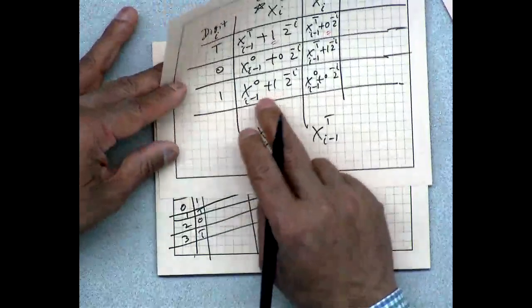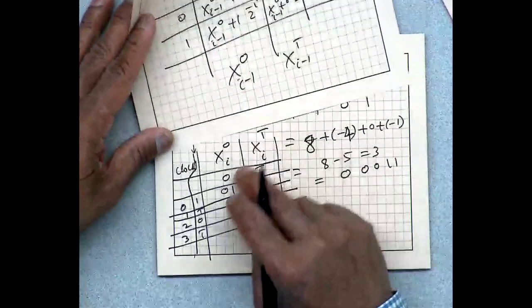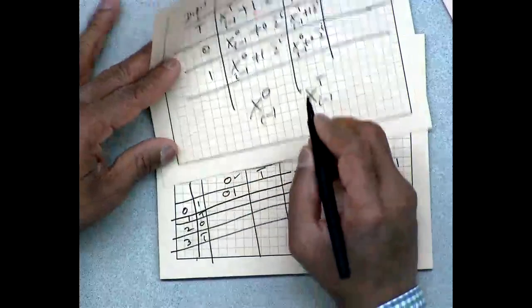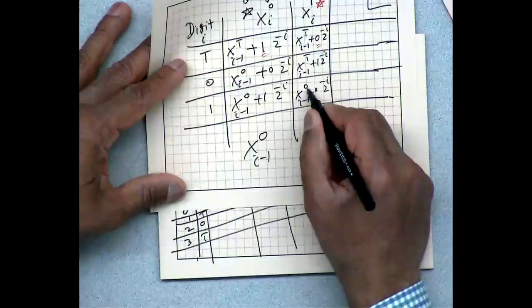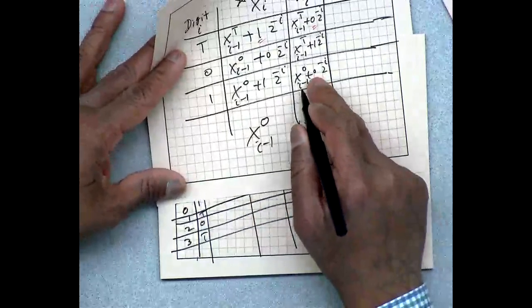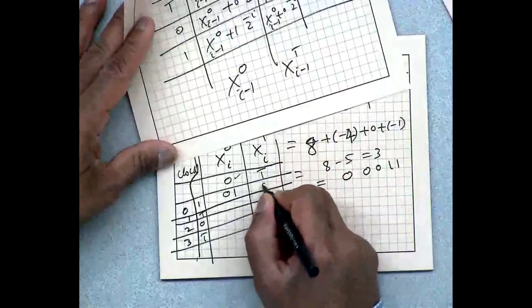Okay, so if you look here, x_{i-1}, 0, we take that was 0. x_{i-1} initialized to 0. And here, x_{i-1}, 0 initialized to 0 and then 0. Okay, x_i 1 bar, 0, 0.